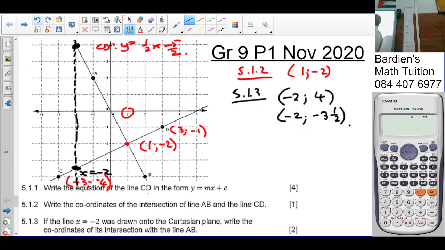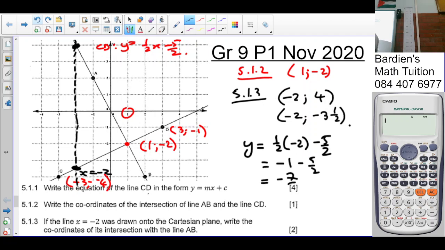Okay. Now say we didn't know that, and you want to now do a calculation for negative 3 and a half. Then what you're going to do is, we have substituted negative 2 into CD's equation, which is y is equal to a half times negative 2 minus 5 over 2. That is going to give you negative 1 minus 5 over 2, which is going to give you negative 7 over 2.